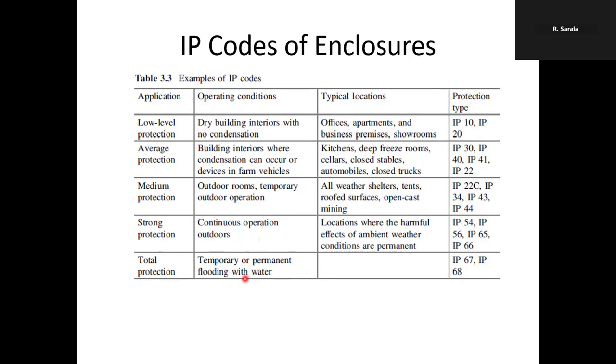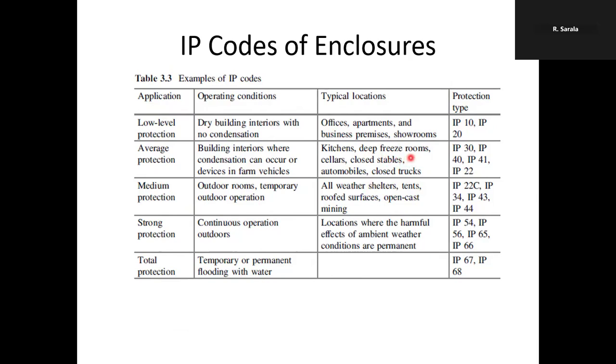What are the typical locations you consider here? Suppose in low level protection, dry buildings like offices, apartments, business premises and showrooms. Like that, kitchens, that is the building interior where condensation occurs, like kitchens and deep freeze rooms.